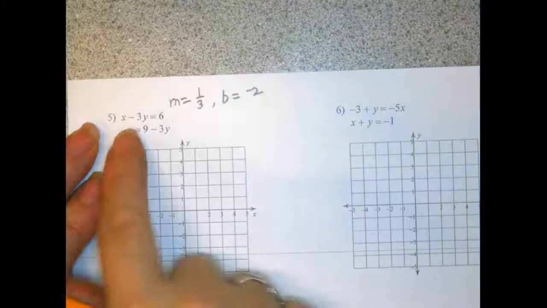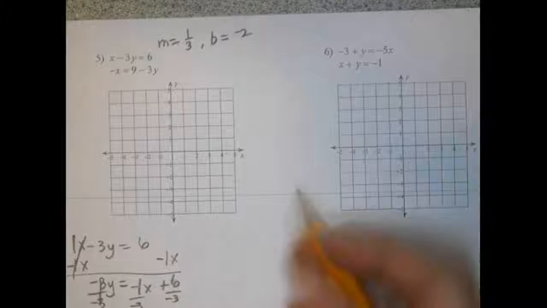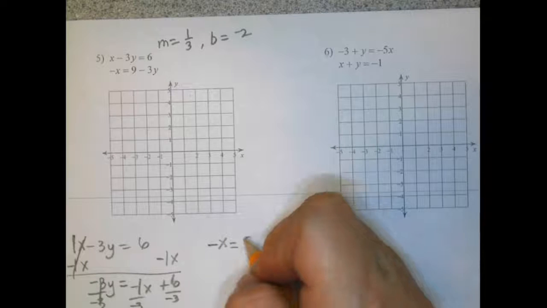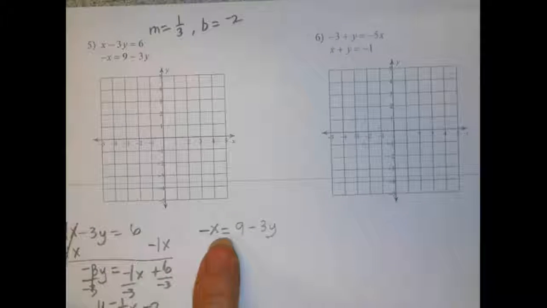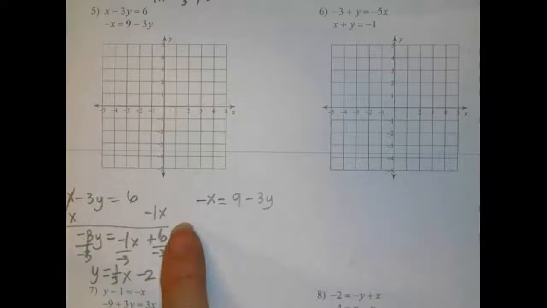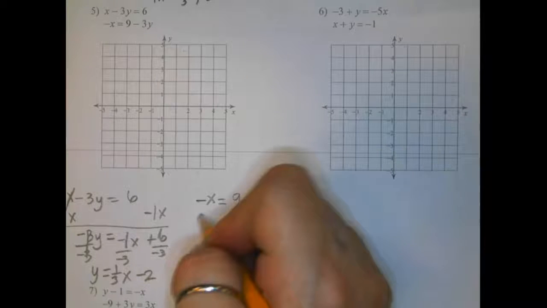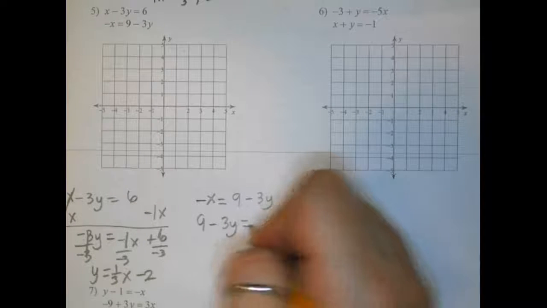Then I'm going to take my second equation and bring it down here so I can do the same thing and solve it. I have negative x is equal to 9 minus 3y. Now this is another case where I want the y on the left, so in order for me to solve it for y, I'm just going to swap sides of everything. I'm not changing the sign of anything. I am just swapping sides.